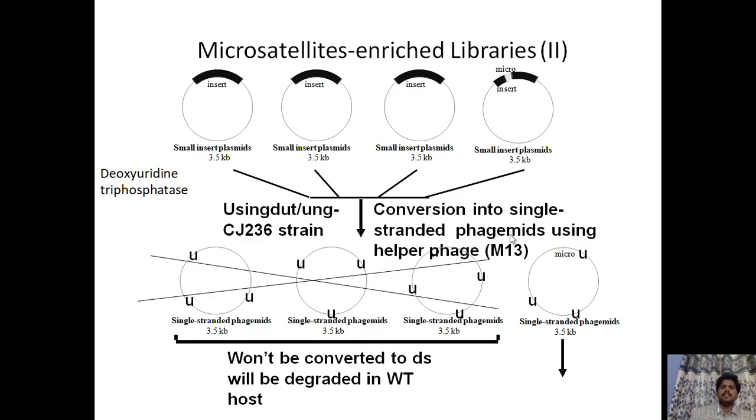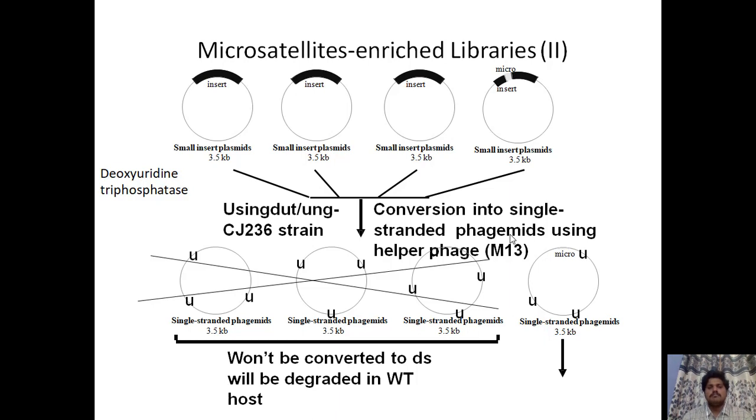Then these microsatellite enriched libraries are transformed into the CJ236 strain of E. coli, and converted into single-stranded phagemids using helper phage M13.